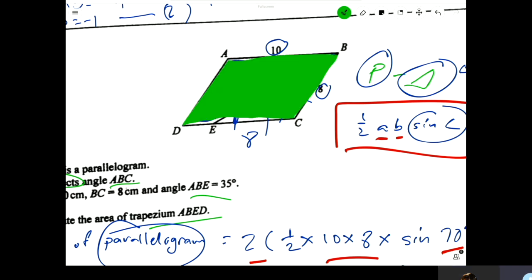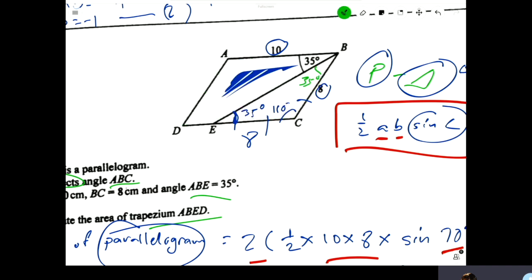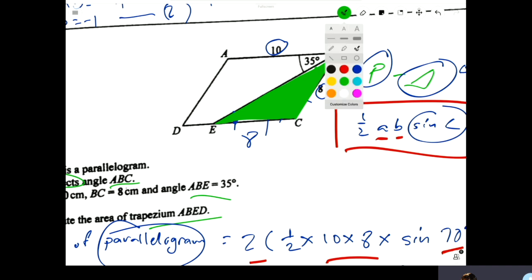Can you see this? Minus away what? A triangle. Yeah, minus away triangle. This is a triangle. Can you see that? Wait, red color, this, minus the green color. You get the trapezium. Yeah, trapezium is here.